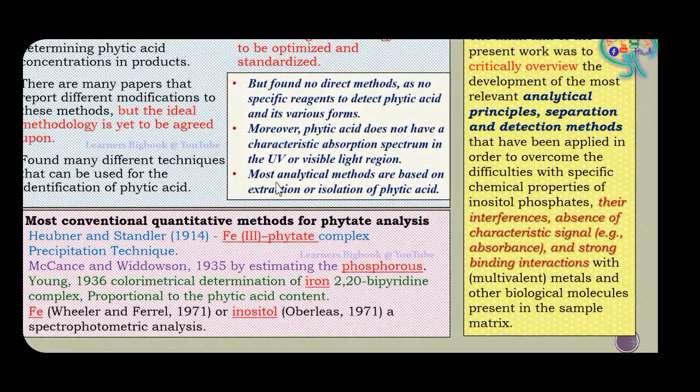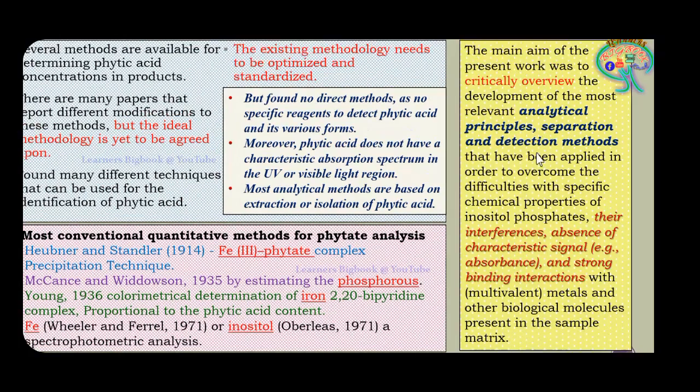Now here, the strong binding interaction means the phosphorus is going to react with the metals which are present in the biological molecules within the same food, and it is going to make that particular thing be in the form of hard complexes where it cannot be further absorbed.